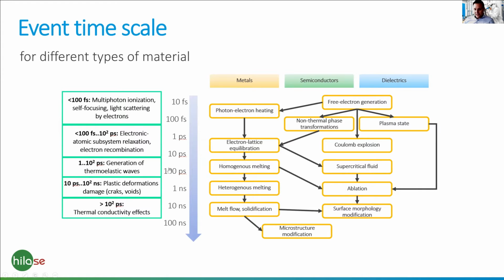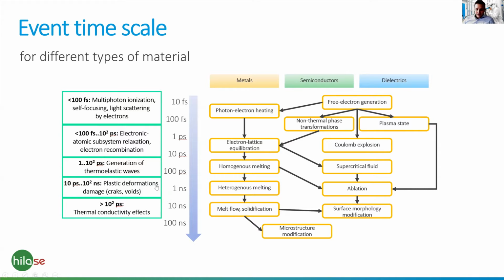This energy released into the material leads to the generation of thermoelastic waves, which are propagating through the material. The propagation of thermoelastic waves leads to plastic deformations and eventually to the first damage, which is usually demonstrated by cracks or voids in the bulk.